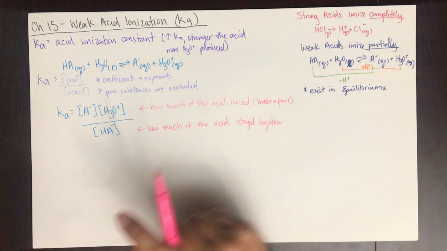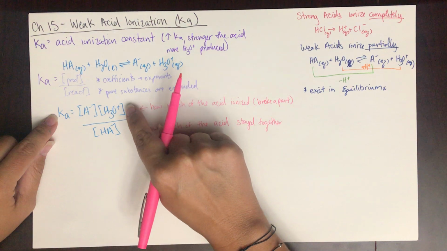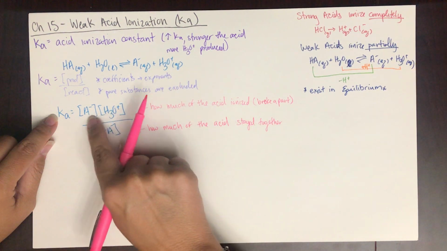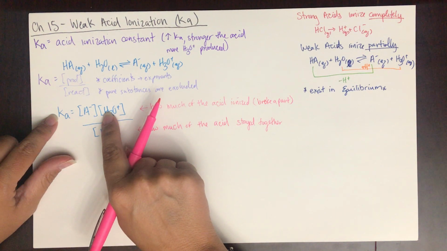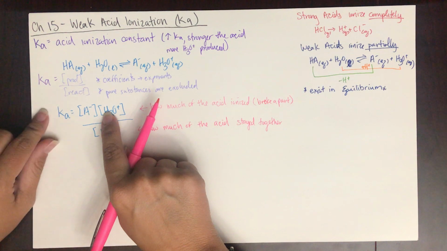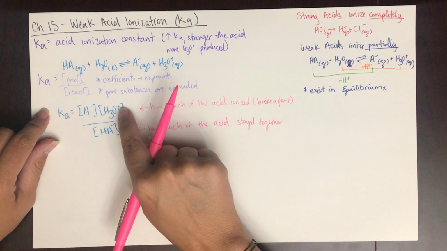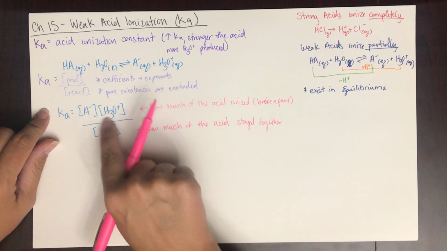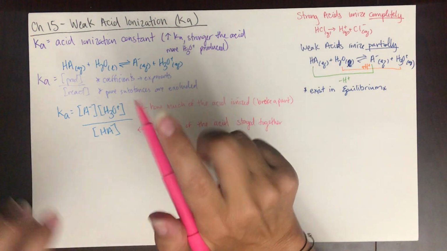So you'll see the bigger this Ka number is, that means the numerator is larger. The larger the numerator, that means more of this acid broke apart. And remember, acid strength, or the way that we measure acids with pH, has to do with the concentration of hydronium. So the bigger the Ka, the more hydronium that there is, the lower the pH, the stronger the acid.